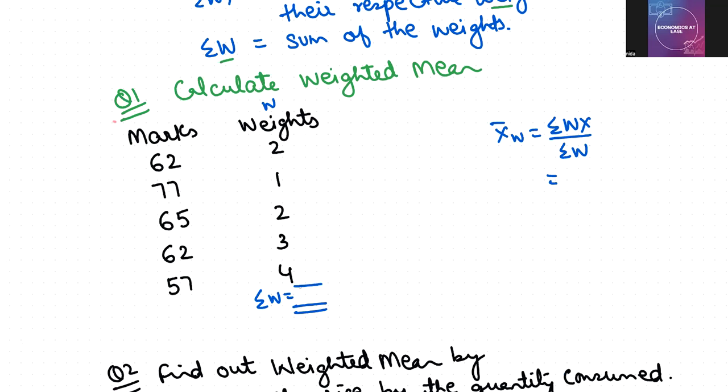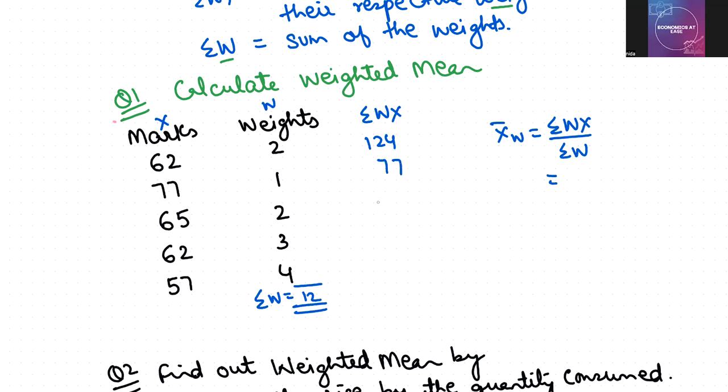Now I need to know summation wx. That means I'm going to multiply w and x. This is x and this is w. So 62 into 2, you will get 124, then 77, then 130.